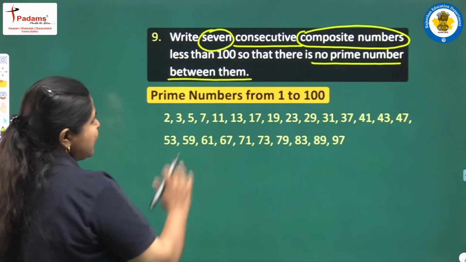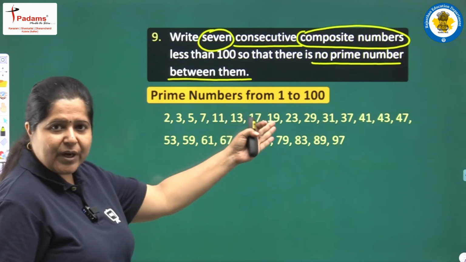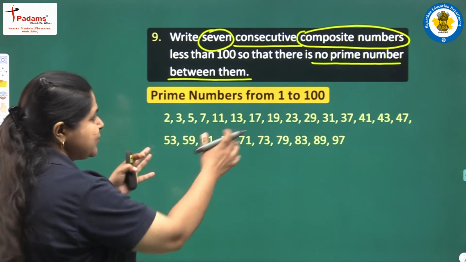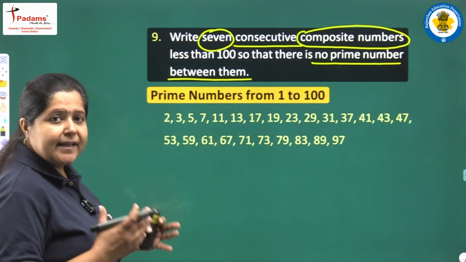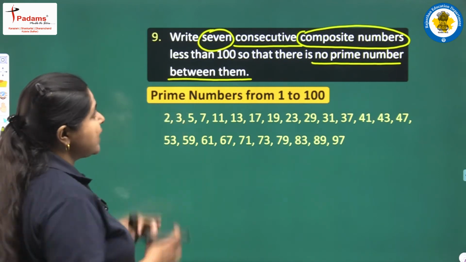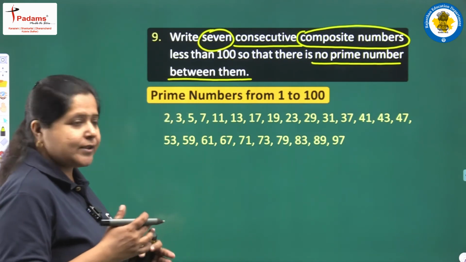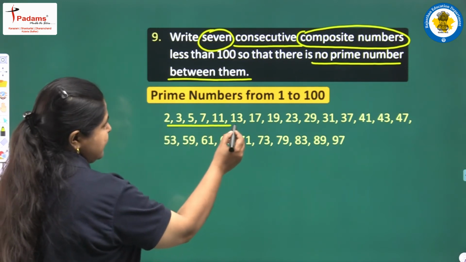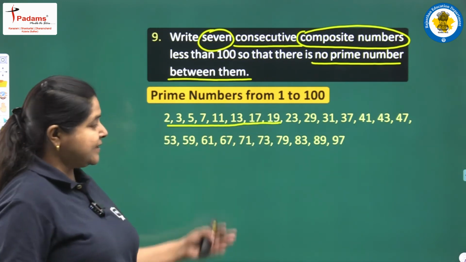Let us have a look at these prime numbers from 1 to 100. Let us try to find out the difference between two consecutive prime numbers, and let us see whether we will have 7 composite numbers between them or not. You can see these are very close to each other: 2, 3, 5, 7, 11, 13, 17, 19.